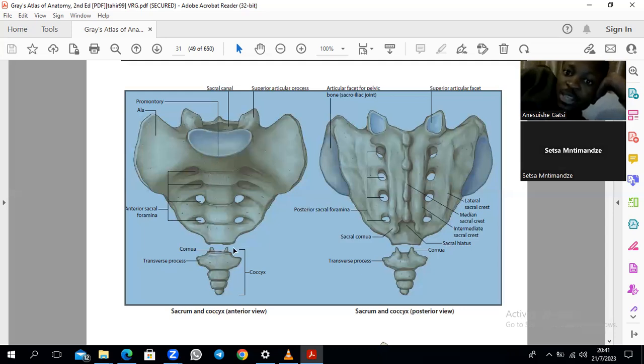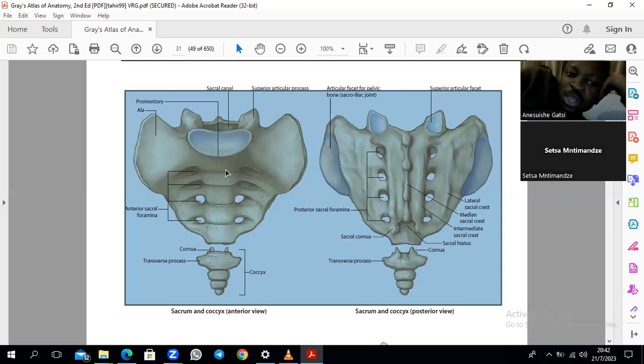Then this is the coccyx, which we call the tailbone. It consists of 4 fused rudimentary bones, as opposed to the sacrum, which consists of 5 fused bones. So that's your tailbone. It's the human tail. It's triangular in shape, or you can say it's wedge shaped, the base being superior, the apex is below.